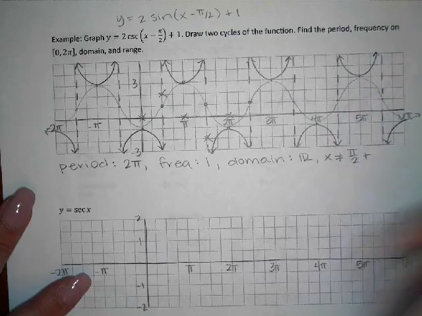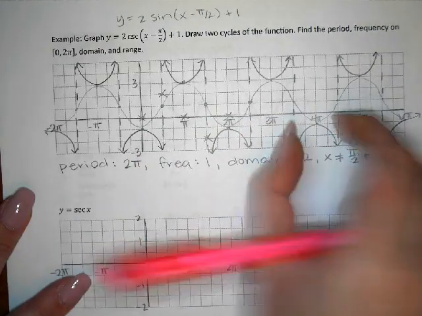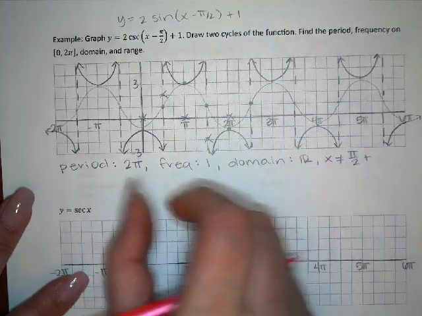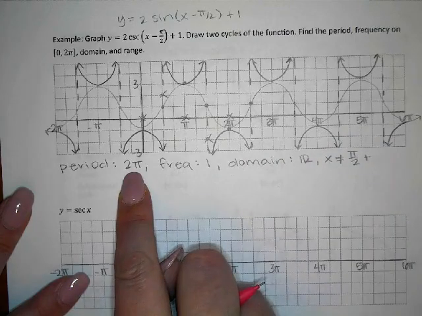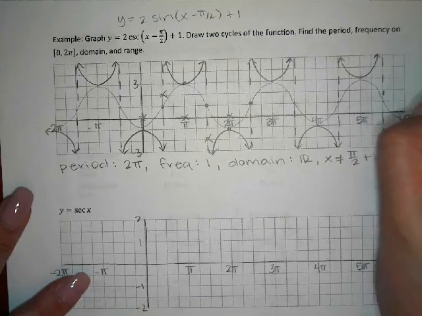So the period is 2 pi, so the vertical asymptotes are pi away from each other. So domain, all real numbers, cannot have the first vertical asymptote plus the width of all the vertical asymptotes. So every pi, we're going to have to skip that value.